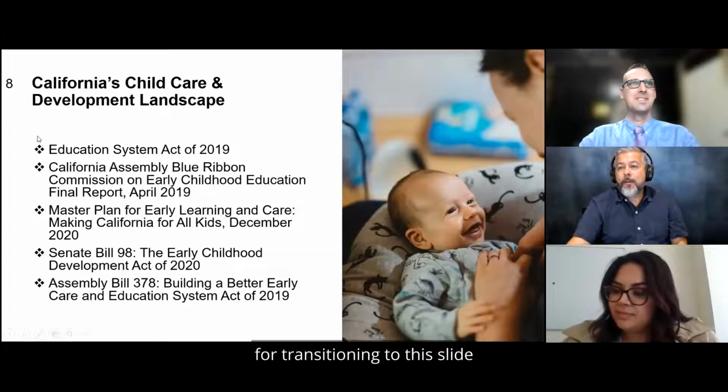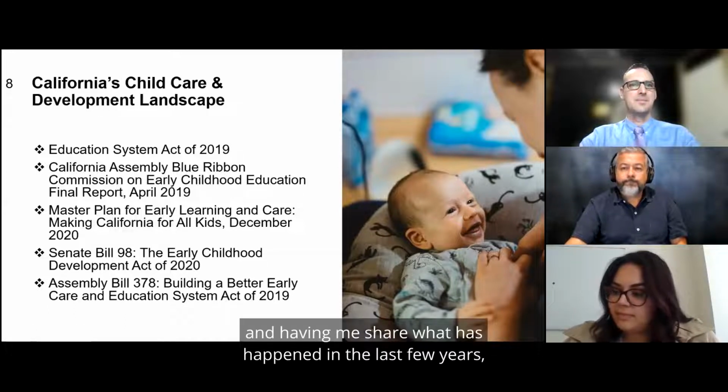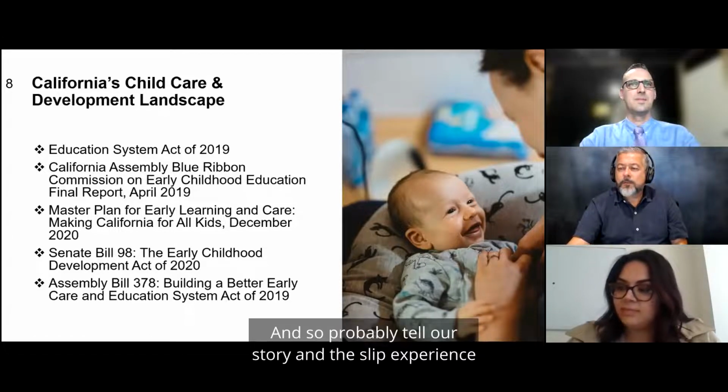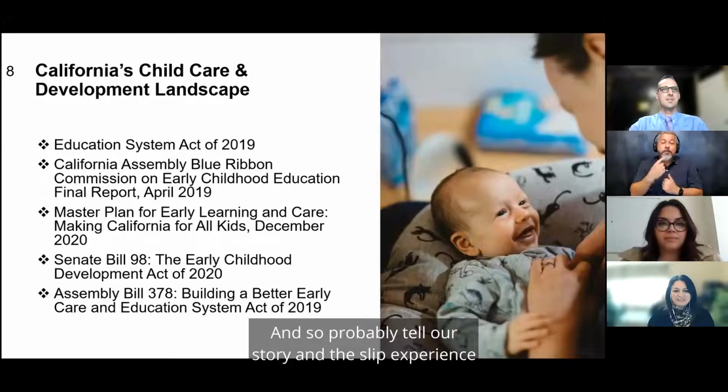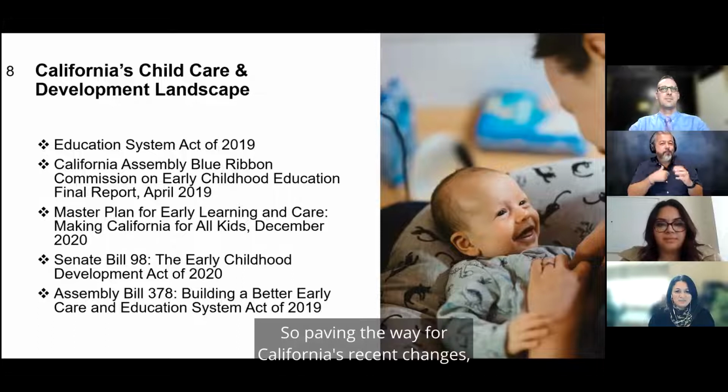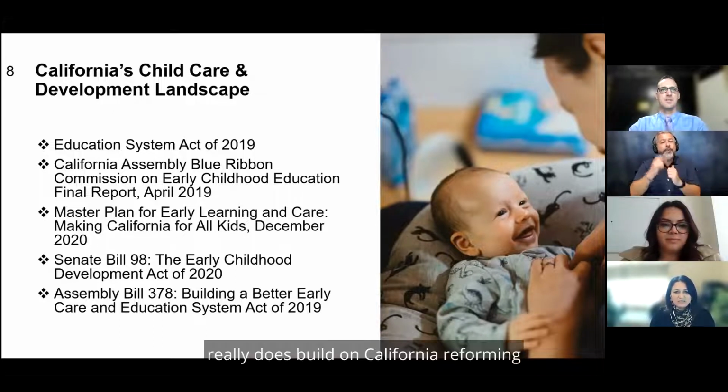Thank you, Brandon, for transitioning to this slide and having me share what has happened in the last few years, which many of you are part of. And so you probably tell our story and this lived experience just as much as I can. Paving the way for California's recent changes really does build on California reforming its child care and development system.